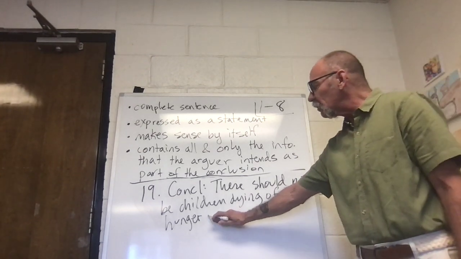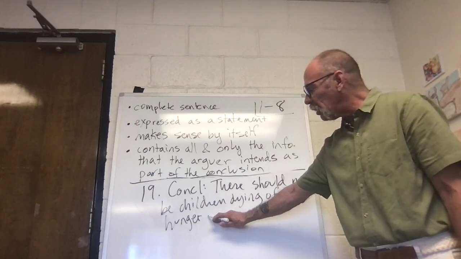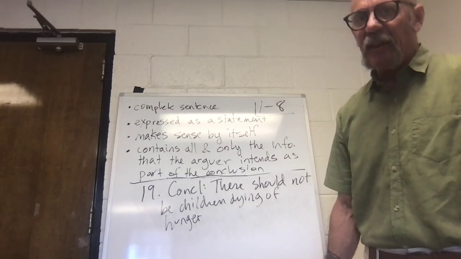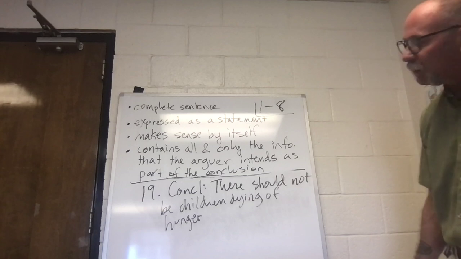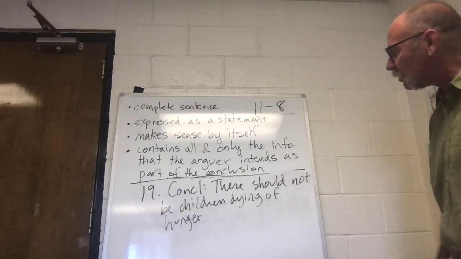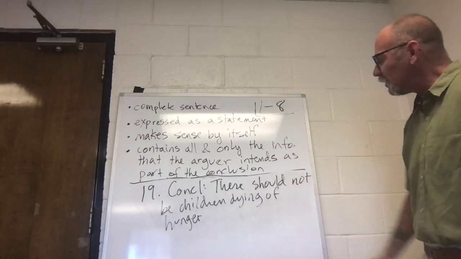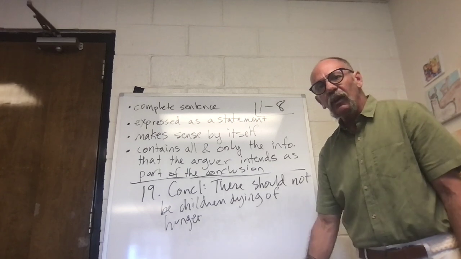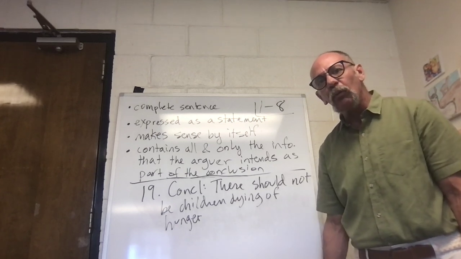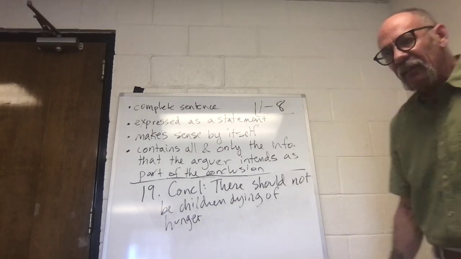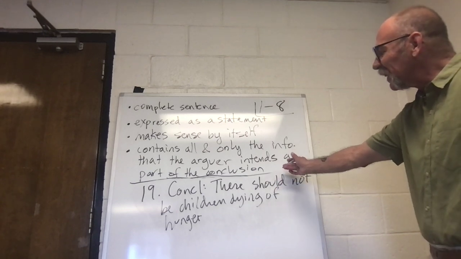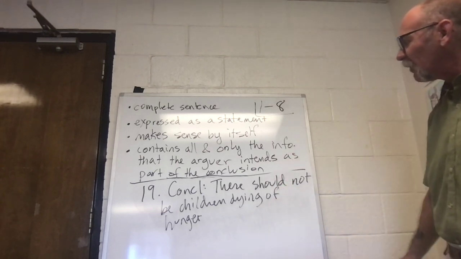If we leave this conclusion as it is right now, we are badly misrepresenting the scope of the arguer's intended conclusion. There should not be children dying of hunger sounds as if the conclusion is about the entire world. I don't know what the author thinks about whether there should be children dying of hunger anywhere in the world.